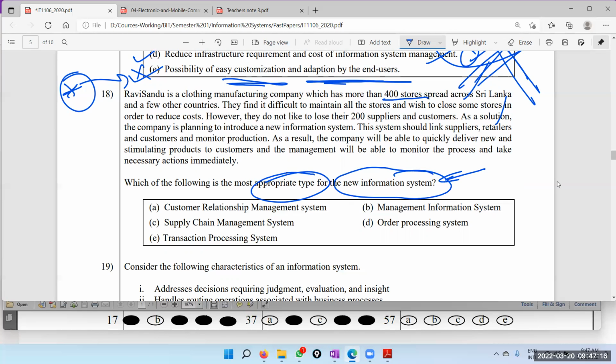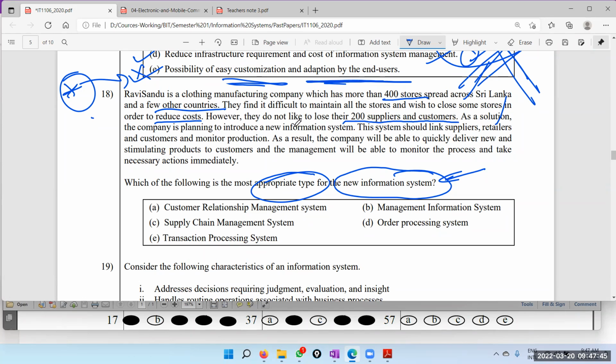Now we can read it with some purpose because it's a lengthy thing, right? Ravi Sandhu is a clothing manufacturing company which has more than 400 stores spread across Sri Lanka and few other countries. They find it difficult to maintain all the stores and wish to close some stores in order to reduce cost. However, they don't like to lose their 200 suppliers and customers.